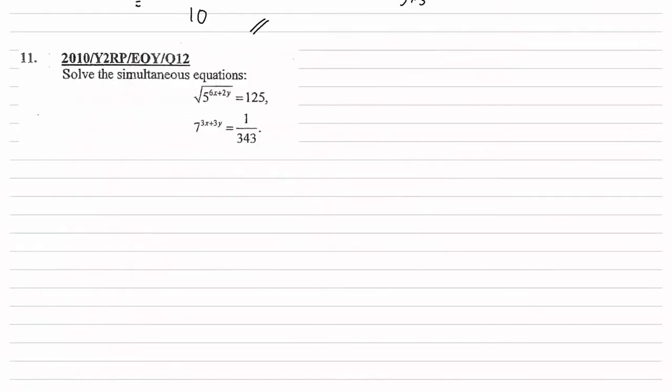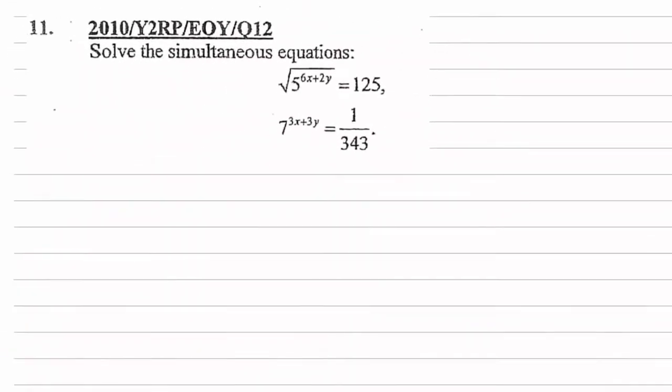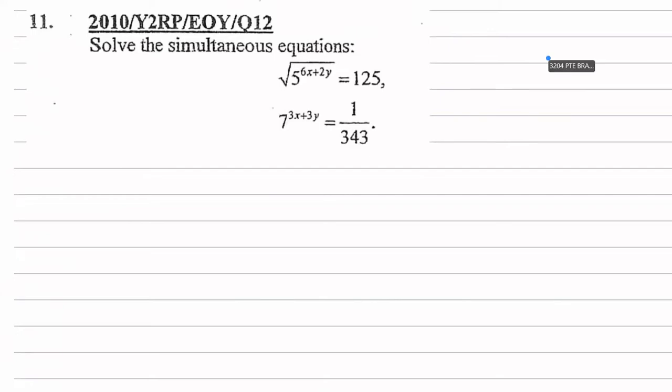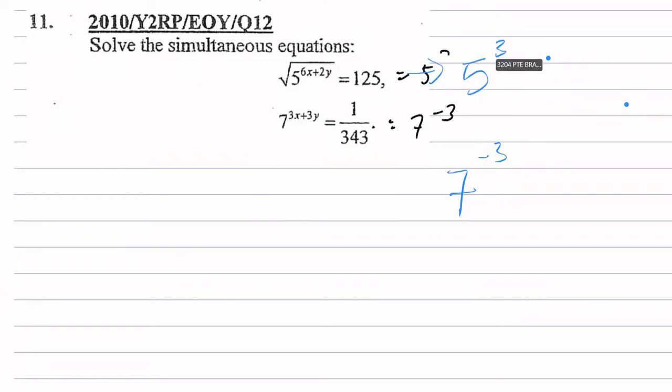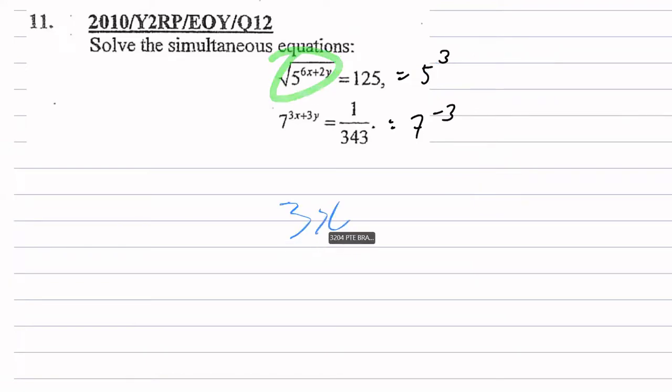Okay, so solve the simultaneous equations. Wow, so challenging. Never seen a simultaneous equation looking like this before. On the left hand side, square root is 2y.